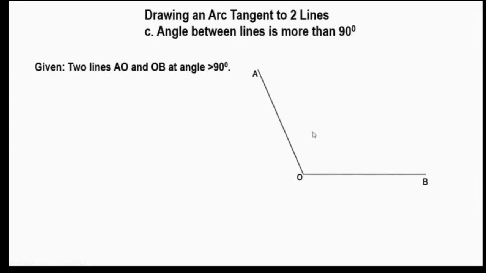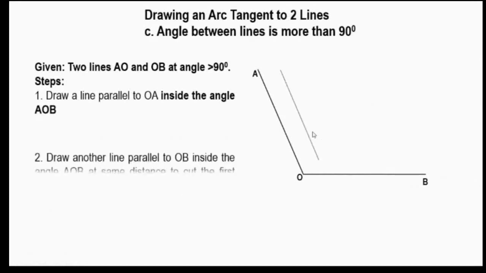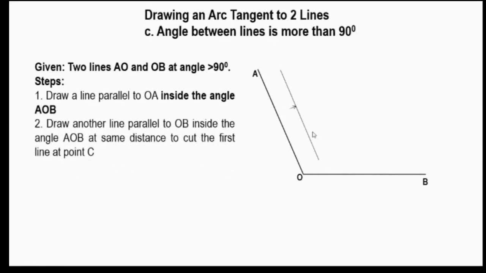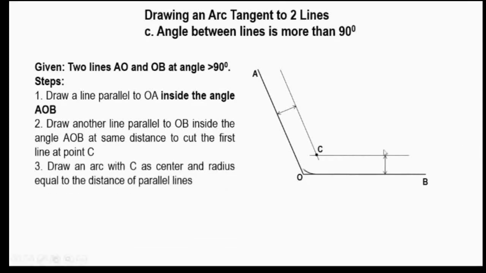Now third case, when the angle is more than 90 degrees, the procedure is exactly similar. Draw a line parallel to OA inside the angle. Draw another line parallel to OB, the same distance. You get point C. Once you get point C, with point C as center and radius equal to the distance between the parallel lines, draw an arc.